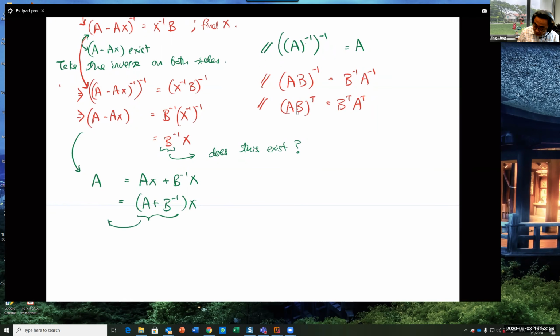And this guy can be moved to the left-hand side if A plus B minus 1 exists.